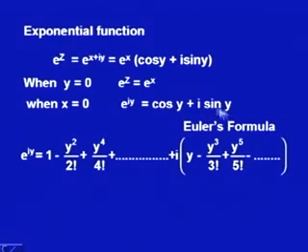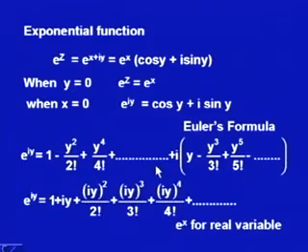Since cos y and sin y are functions of the real variable y, we can write cos y as 1 - y^2/2! + y^4/4! - and so on. So this is the cosine series. Similarly, we write down the sine series here, and it is y - y^3/3! + y^5/5! - and so on.